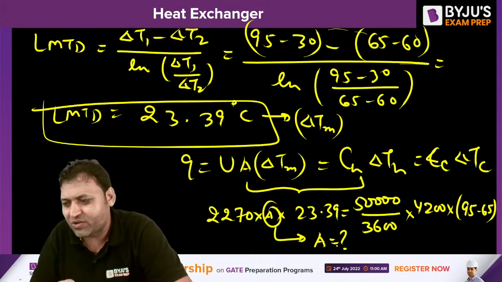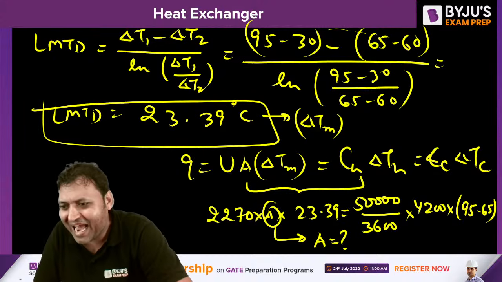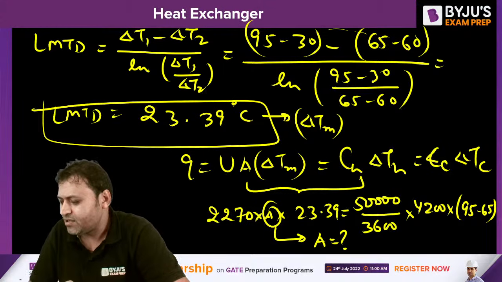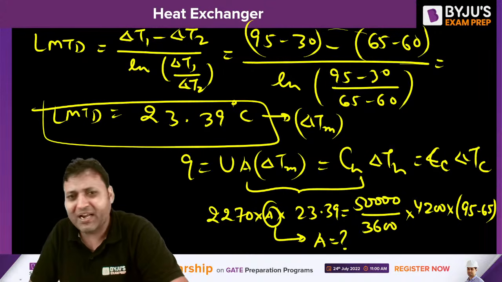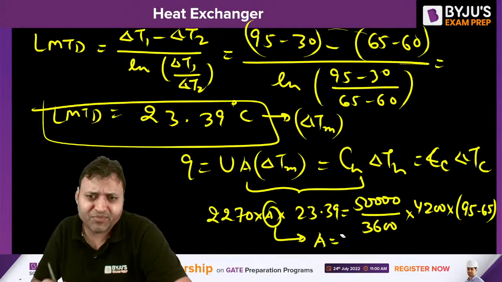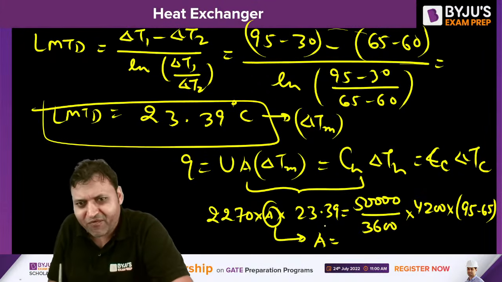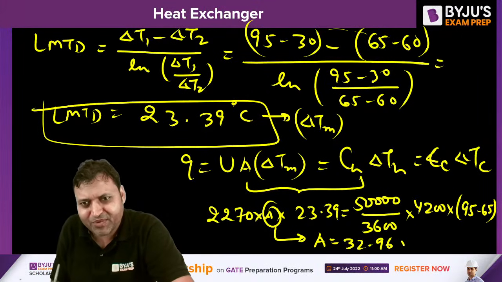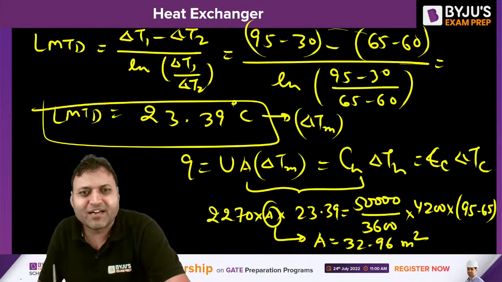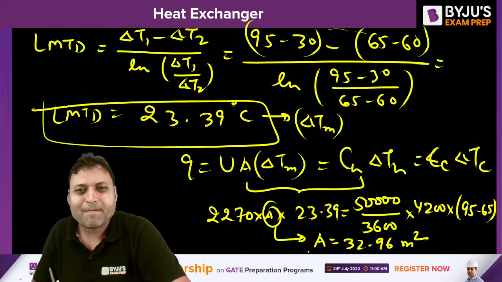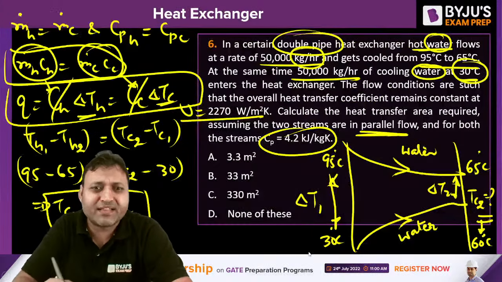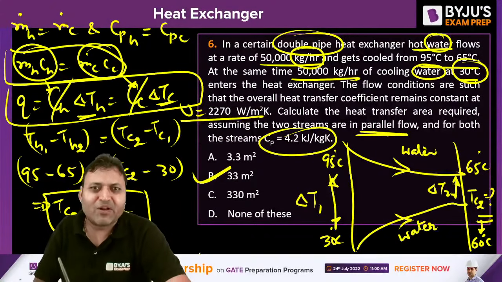Can you find it out? Are you getting 29? What is area? 32.96. Are you getting 32.96? Yes, Bhavya, 32.96 square meter. That is the area. Close to 33. 33 meter square will be the answer.